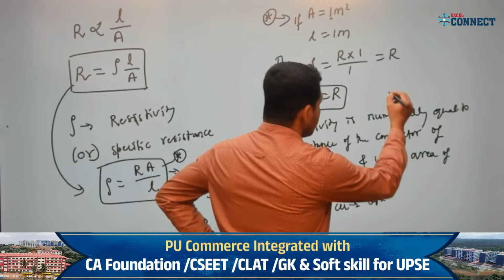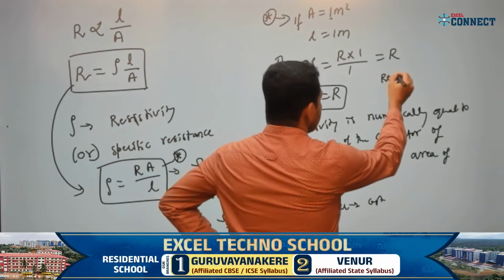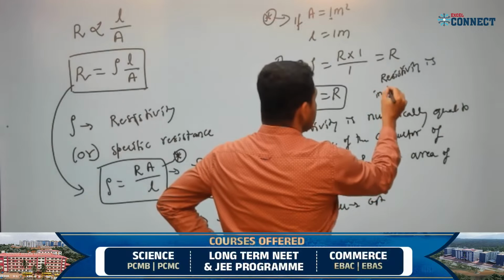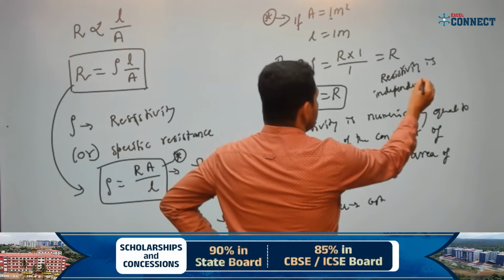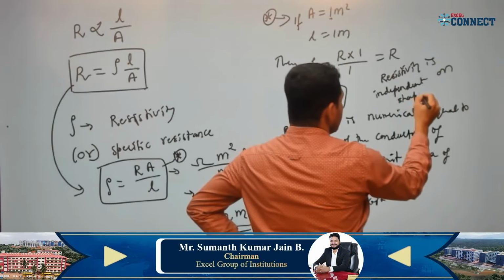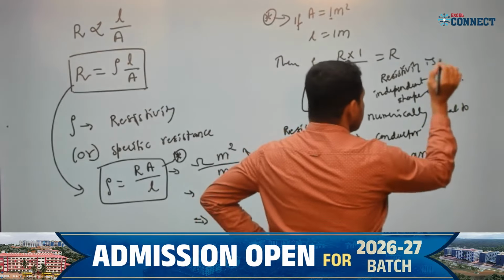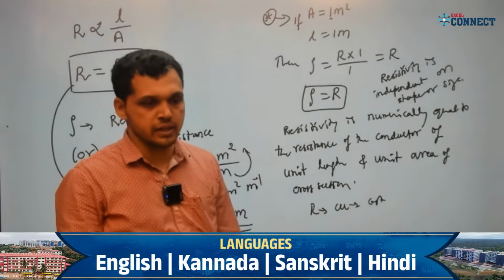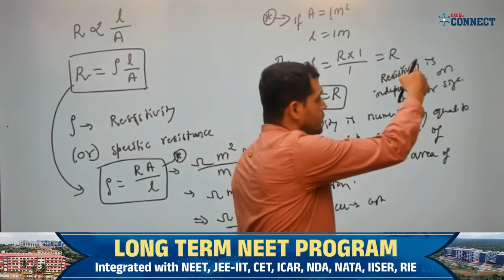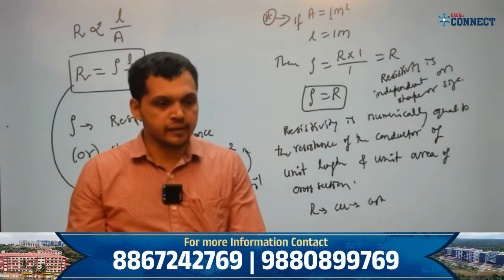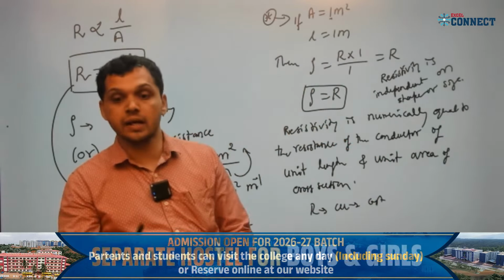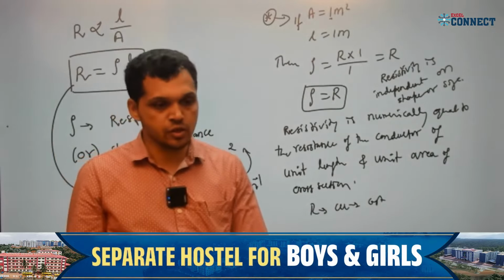So I will write here: resistivity is independent of shape or size, and depends on temperature. As the temperature changes, its resistivity also changes. How it changes, I will explain later.